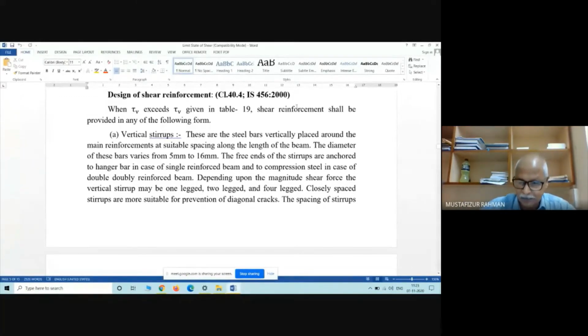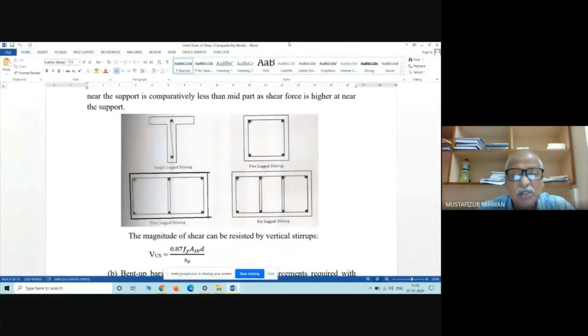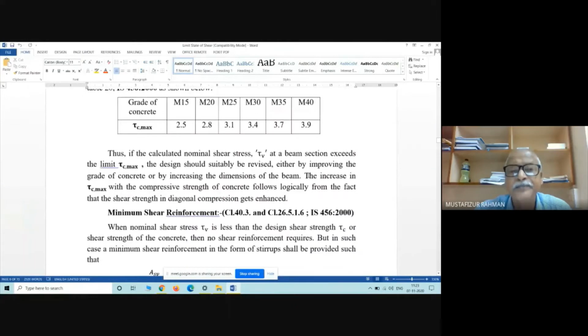Now see here, these are the dark dots in all the figures. In all the figures, these are the main reinforcement of the beam.